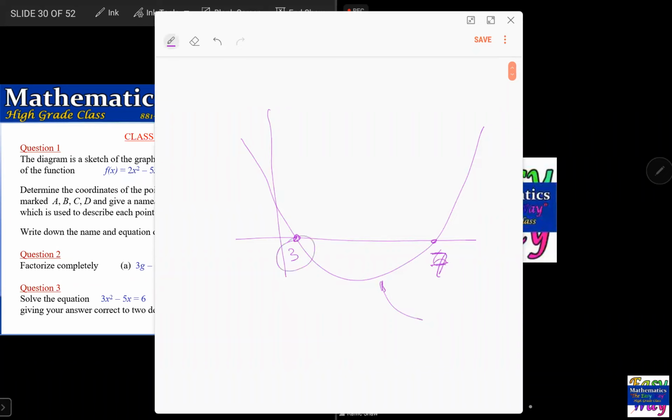Knowing the roots, how do you get the function? How do you find what the function is, in the form y equals ax squared plus bx plus c? How do you find a, b, and c from that, knowing the roots? So that's something that I ask in CSEC all the time.